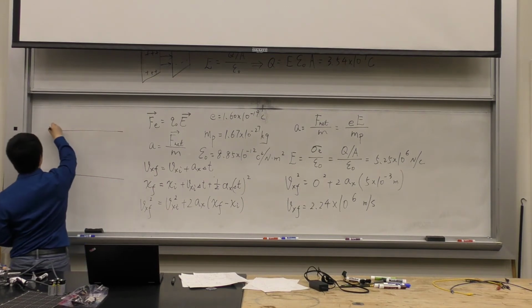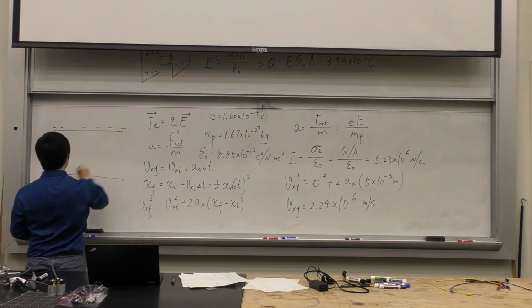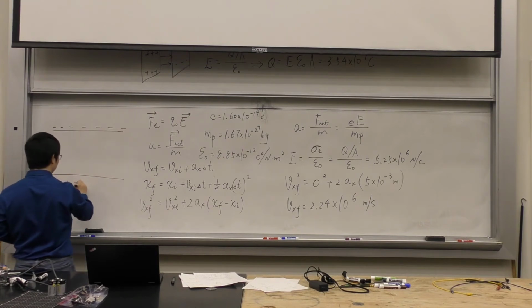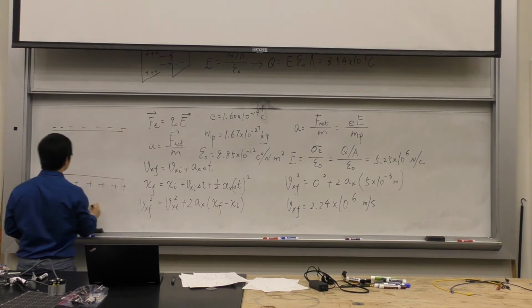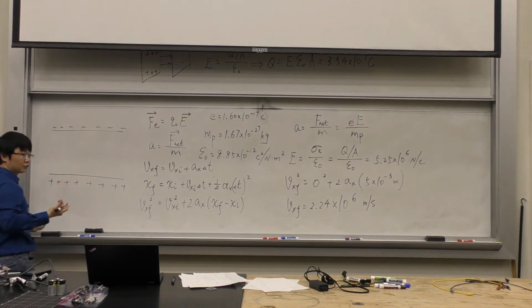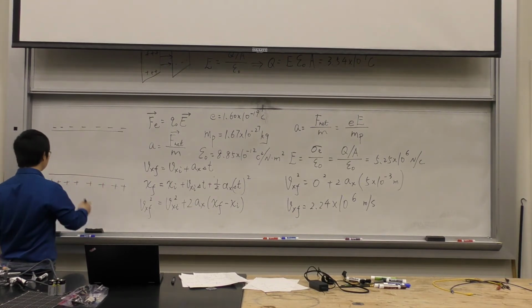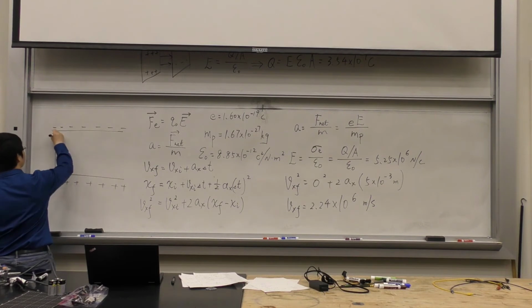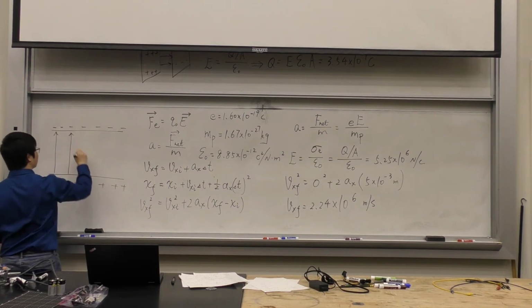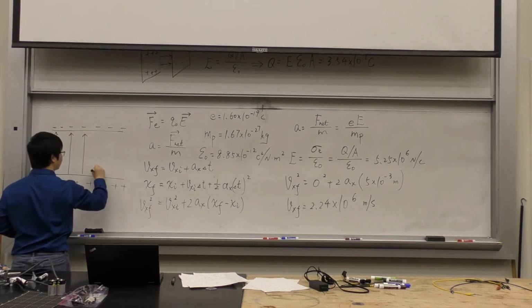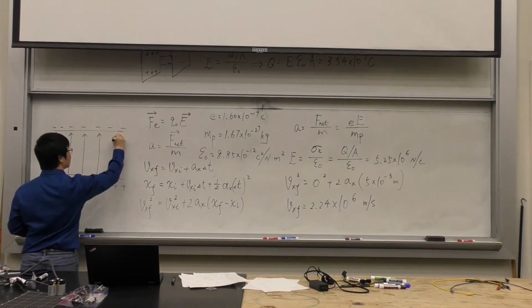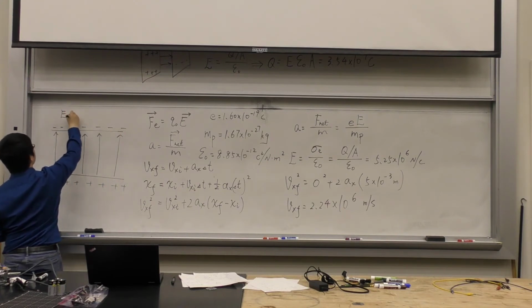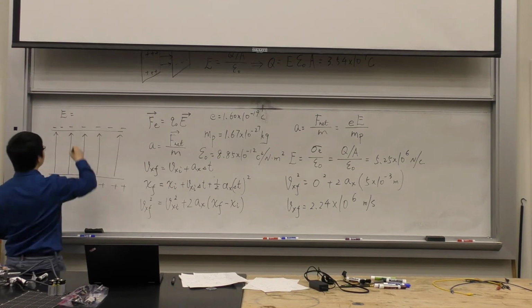The top plate is negative, the bottom plate is positive. Of course, the electric field is going to be up, always from positive to negative, so I know how to draw the electric field even if the problem doesn't tell me. And the electric field is going to be very uniform between these two plates. The problem already tells me 5 times 10 to the 4th.